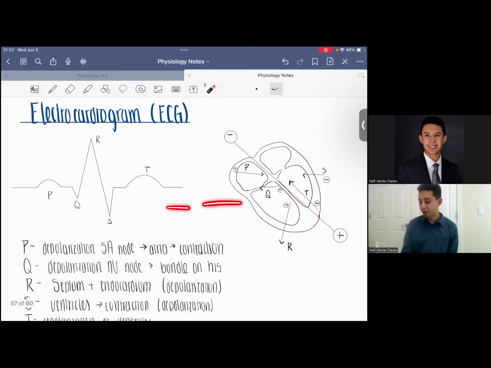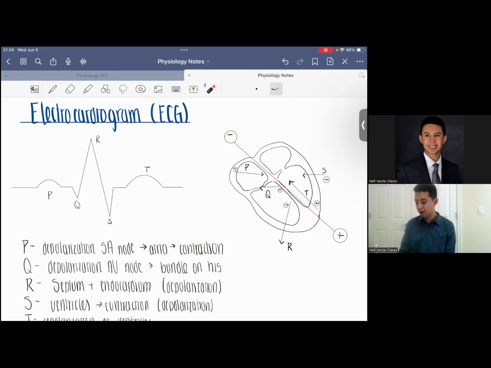But if we have a negative and negative, or a positive and a positive, we'll see the wave going down. So in this case, negative going to positive, so it's gonna go down. Then Q, the AV node and the bundle of His. So we're gonna have this depolarization from here to here leaning towards the negative electrode. So negative and negative, down.